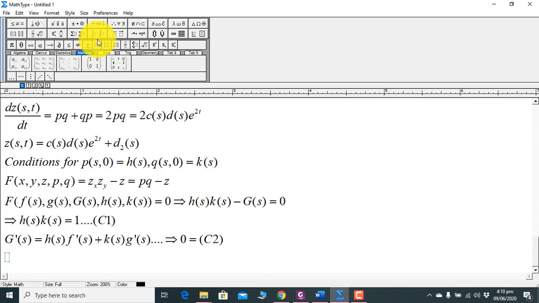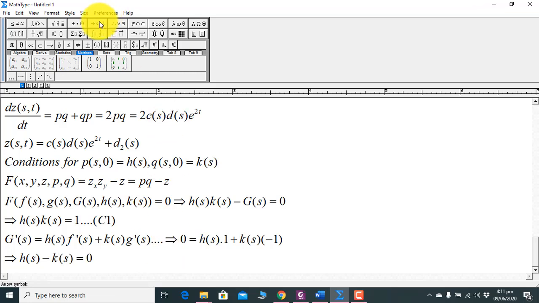H of s, you don't know. F prime, F is s, so F prime will be 1 plus K of s. G dash, G is minus s, so G dash will be minus 1. So indeed you can write, collectively after the calculation, H of s minus K of s is equal to 0.